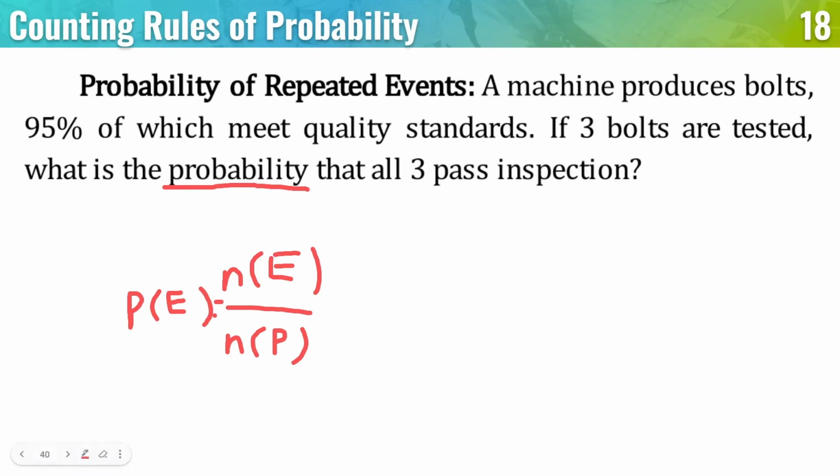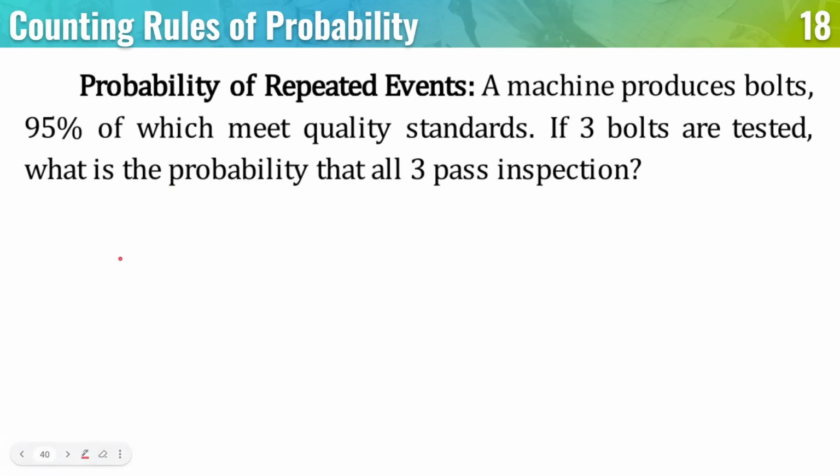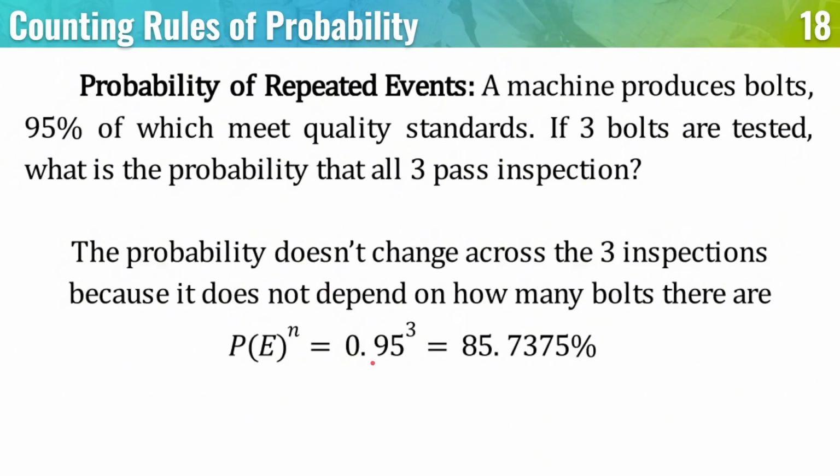So in this case, we are already given the P of E, which is 95%. So you could interpret this as 95 over 100, or if there's 1000 of the bolts, it would be 950 over 1000, and so on. So when you have this 95%, you could input it in the calculator as 0.95.